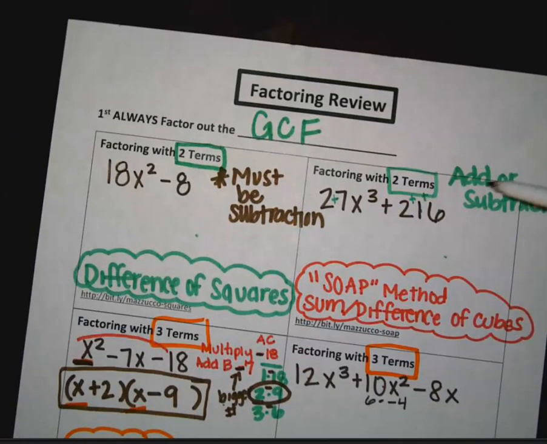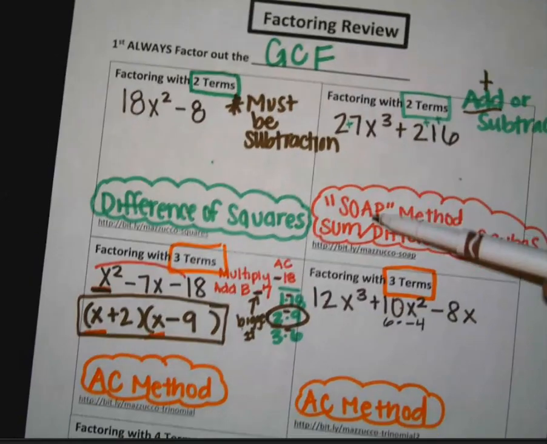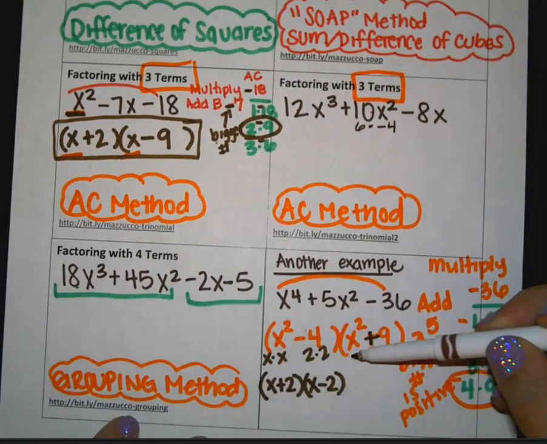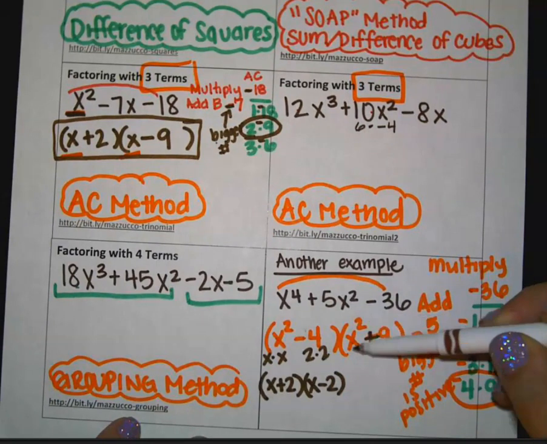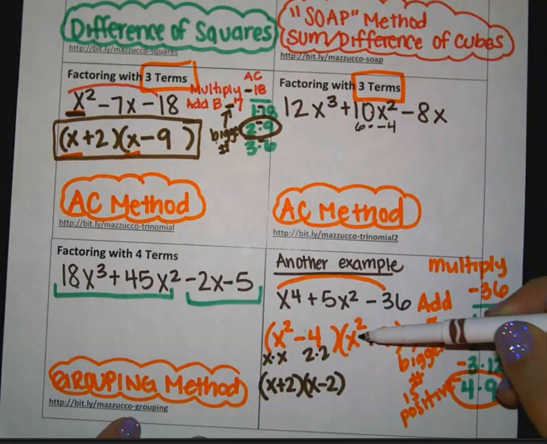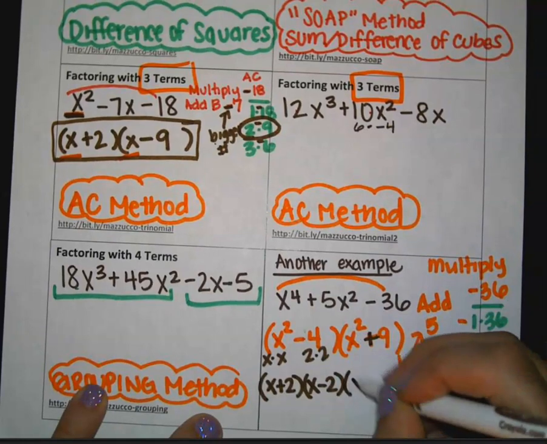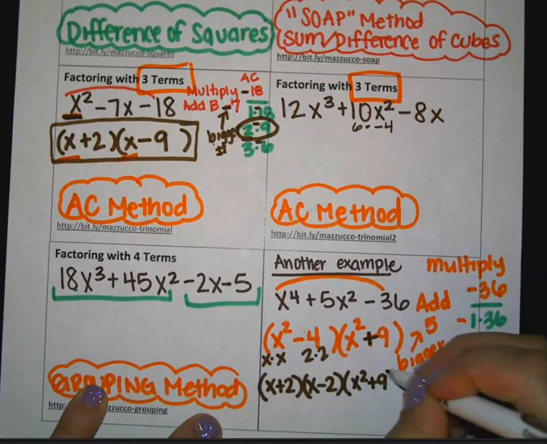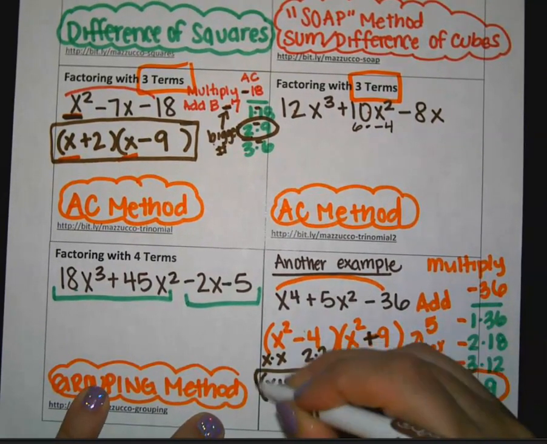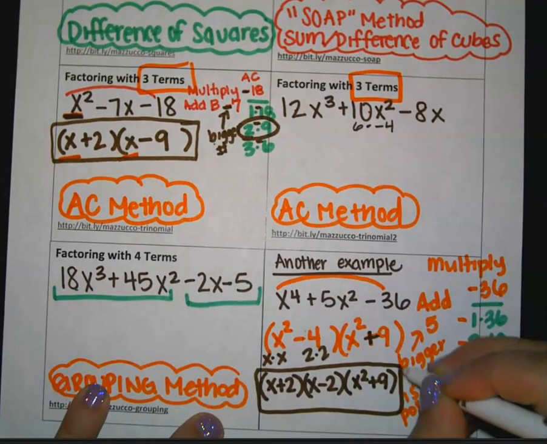So when it has a plus sign, I can look to see if I can use the SOAP method. So is there anything times itself 3 times that makes x squared? No. So I'm just going to bring it down, and this would be my final answer.